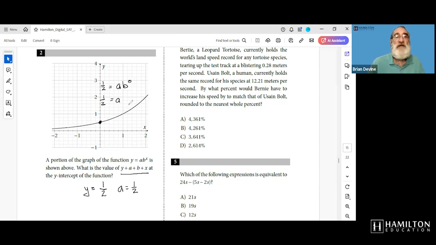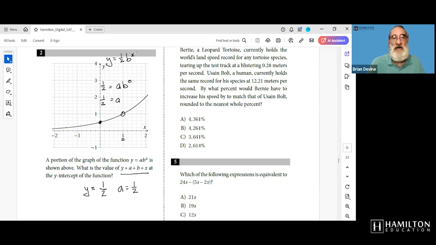And I do know then that, well, when x equals 1, because now we've got y equals 1/2 b to the x, this equals 1.